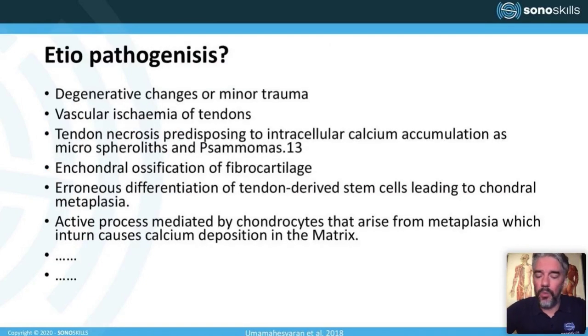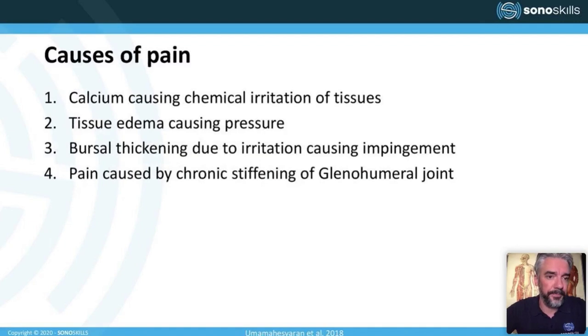Why does it happen? Well, actually, there are a lot of hypotheses, and there's a lot of debate, and these are the most commonly used hypotheses. It's mainly about vascular ischemia and/or degenerative changes within a tendon and a certain level of tendon necrosis. So I would say that these are the most important hypotheses, but many do exist in the literature, and I don't know the golden answer.